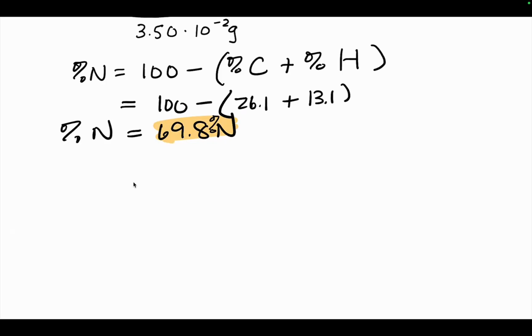If you want to work ahead of me and pause it, feel free. But I'm going to start. I have 26.1 grams of carbon because I had 26.1% of a 100-gram sample.